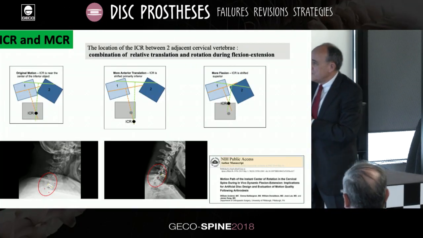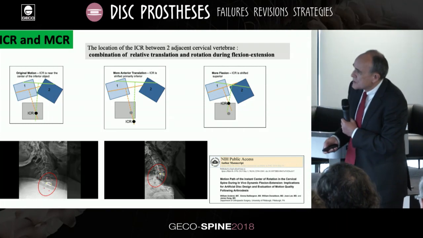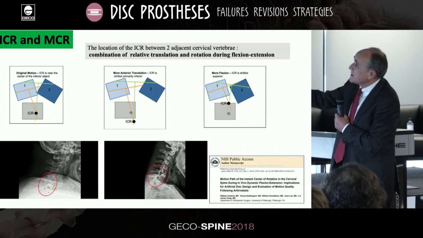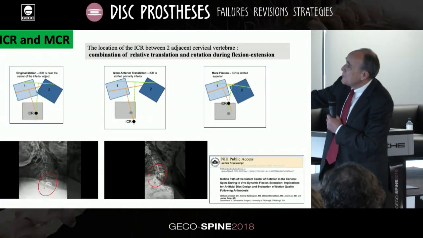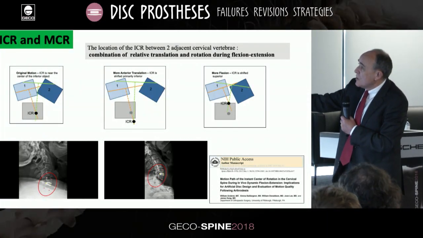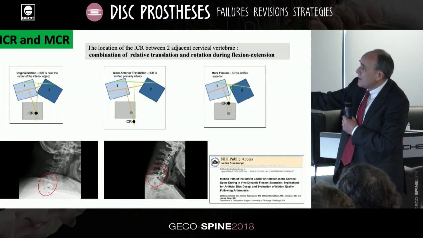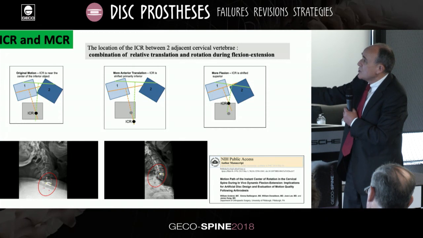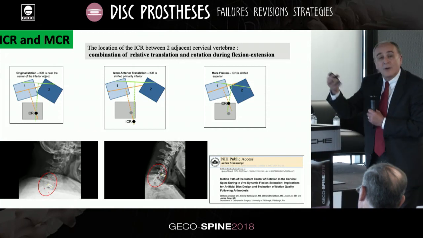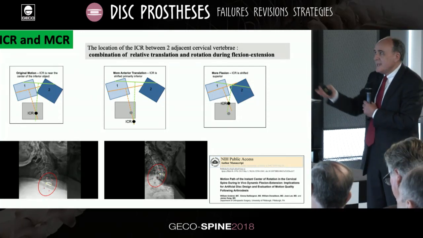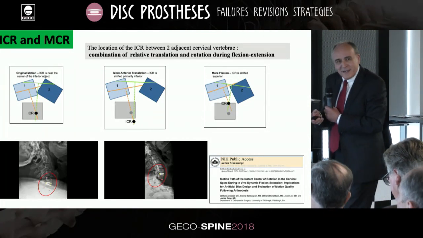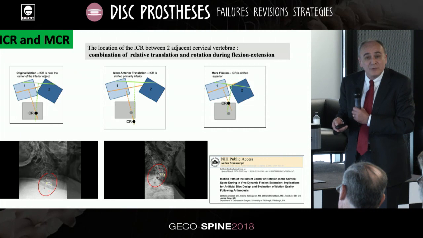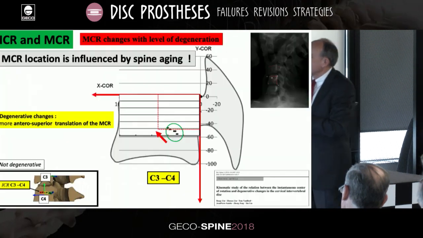And in fact, when we look at those images, those animation, it is interesting to see that if you have more anterior translation, you have a more lower center of rotation. And if you have more flexion extension, you have a tendency to have a higher center of rotation. It is theory, but it is very strange to see that with our basic X-ray, we are able to demonstrate this and to look at this.